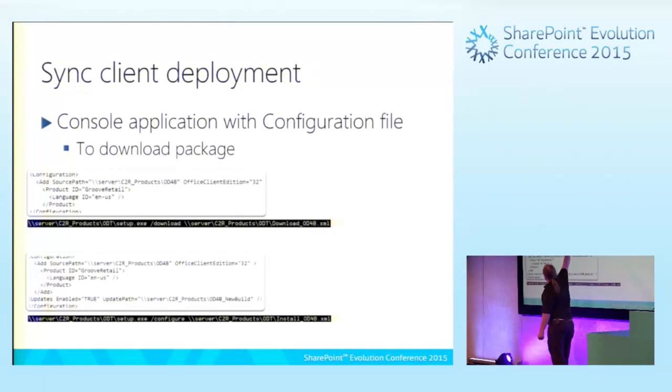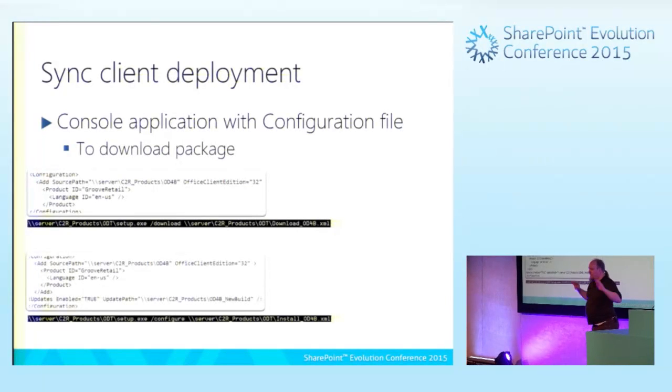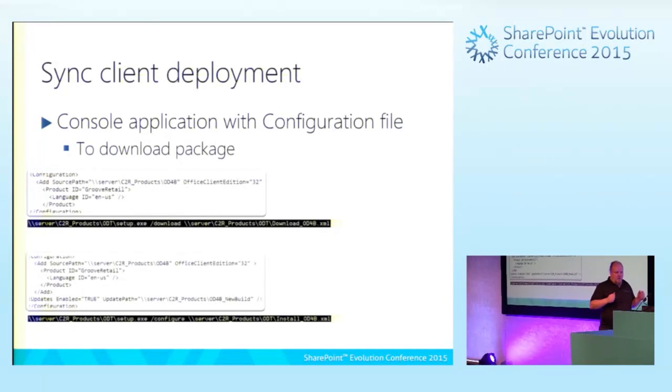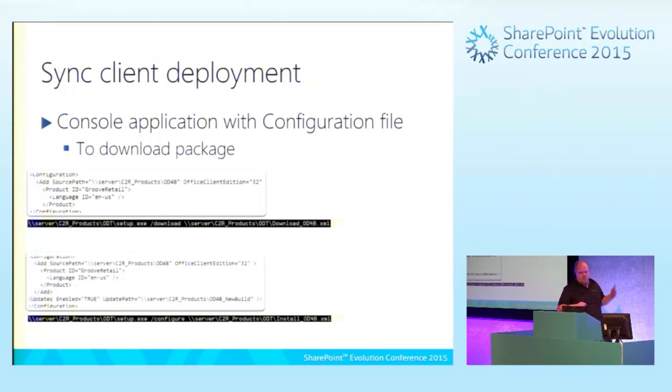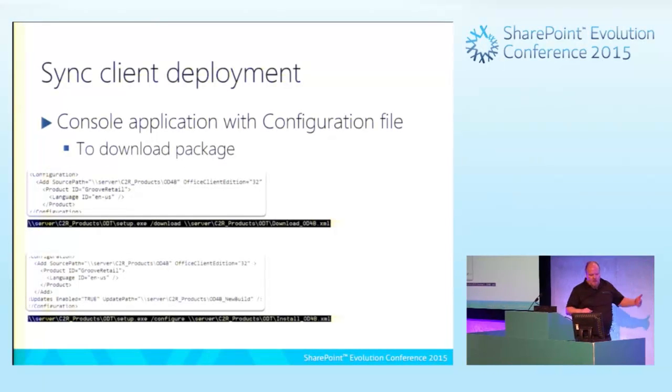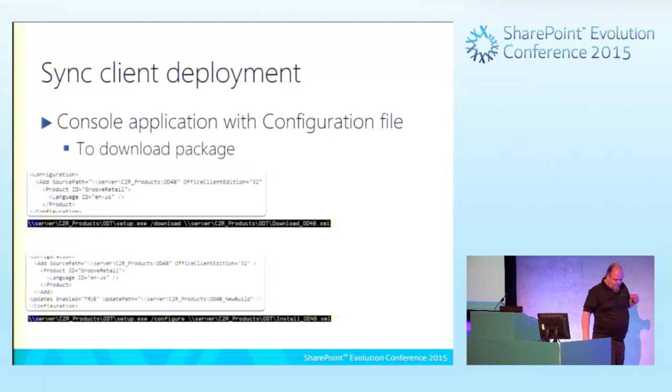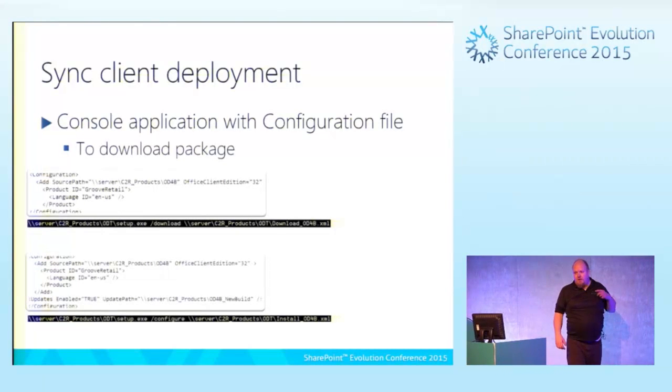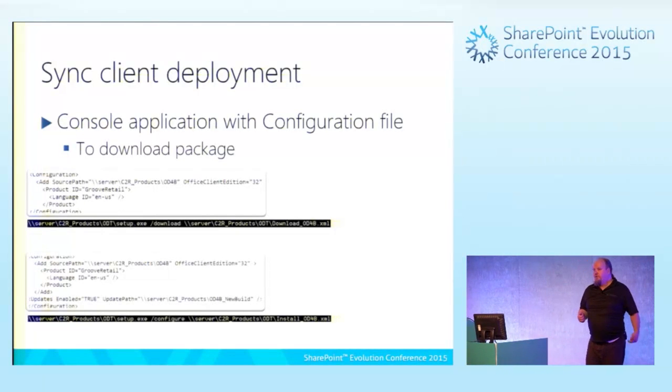And here you can also define what version, what language, what locale, and how we do updates, whether automatic. So you have the full configuration capabilities. What I've seen is more and more organizations actually allowing their users to do the click-to-run deployments because it's so much easier for IT. They don't have to worry about this.